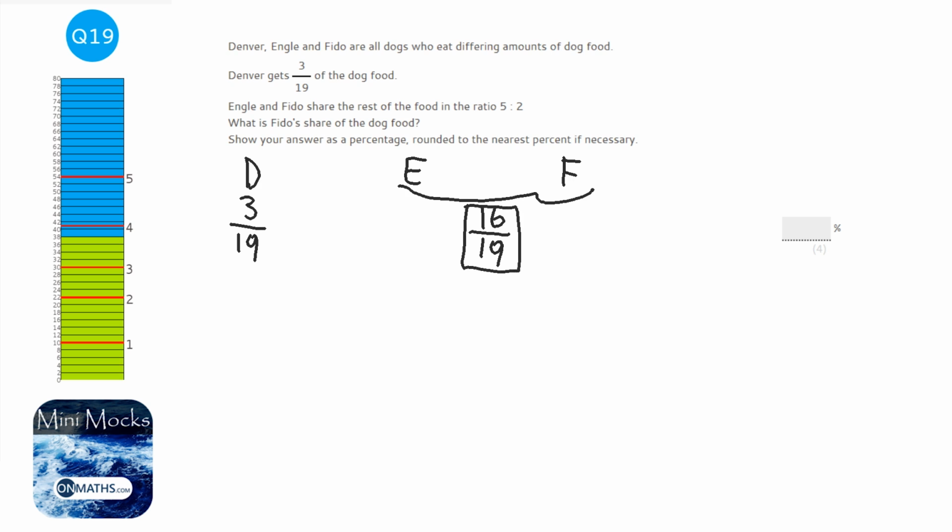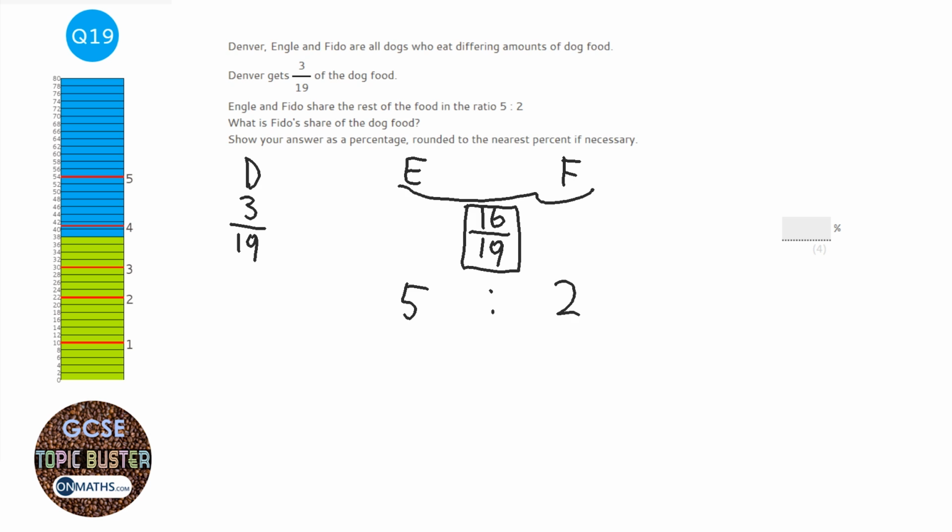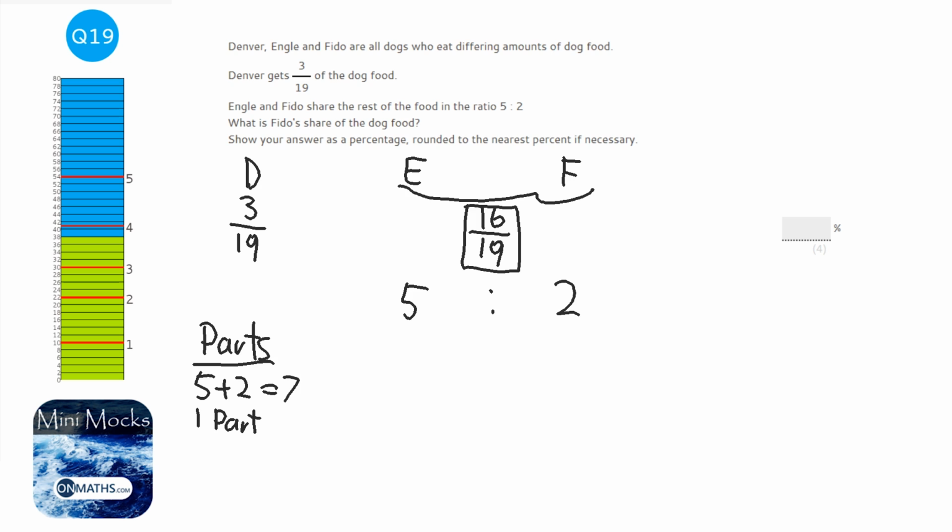but they're sharing it in the ratio of 5 to 2. So in total, the amount of parts they have is 5 plus 2, which is 7. So there's 7 parts altogether. Okay, and one part is going to be worth, as a fraction, 16 over 19 divided by 7.